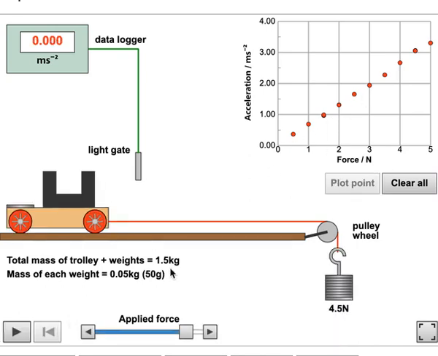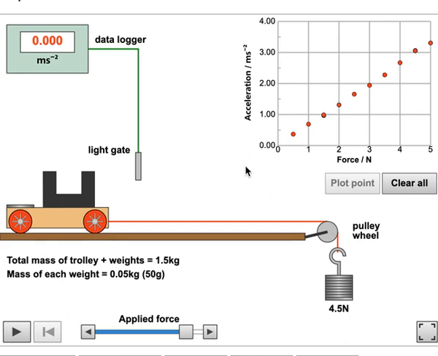The other thing we could do to increase the accuracy perhaps is to measure the mass here, instead of just taking for granted that each one of these masses is 50 grams, and then we'd be able to get a more accurate point there, so that we would know exactly the force we're pulling it with, and that would make the point slightly more accurate. And then your conclusion would be the same. You'd get the straight line of best fit where the acceleration is directly proportional to the force.